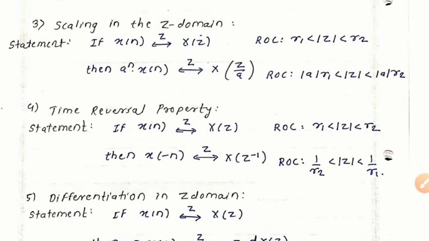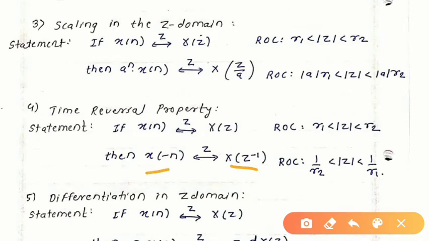has the z transform of x of z raised to minus 1. So for x of minus n, the Z transform will be x of z raised to minus 1, and the ROC is given.